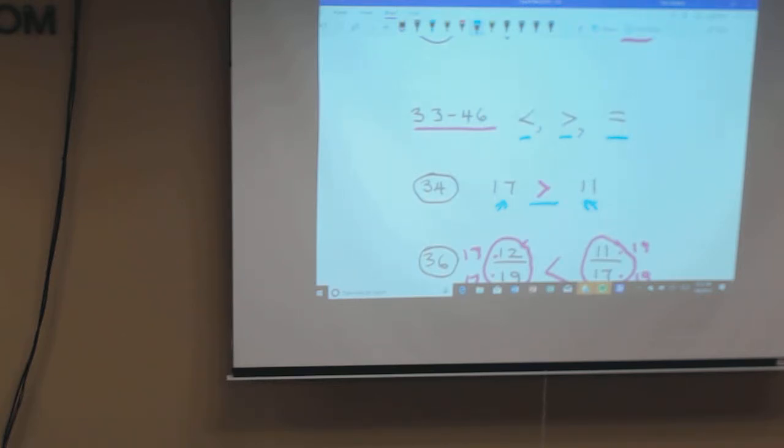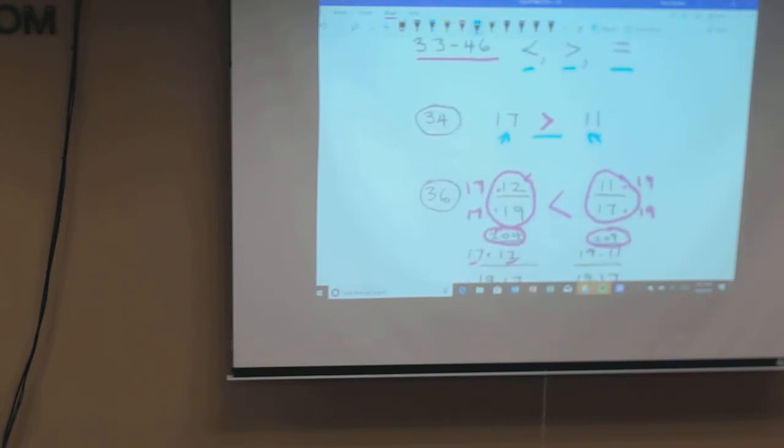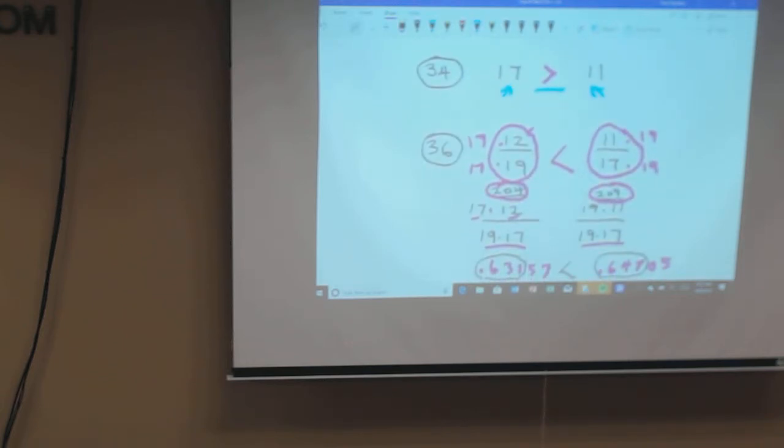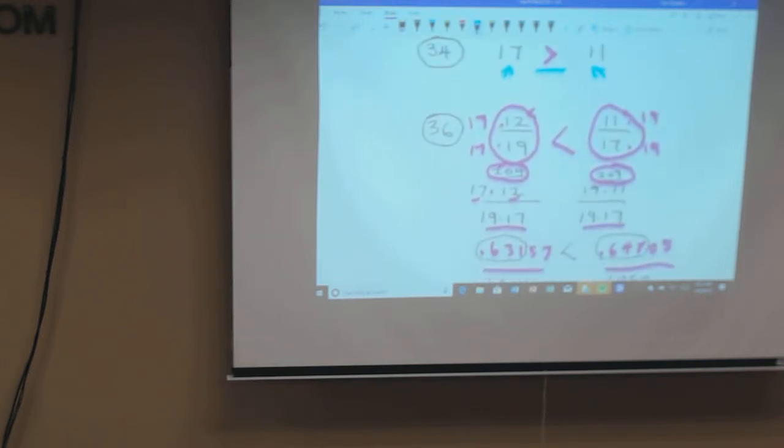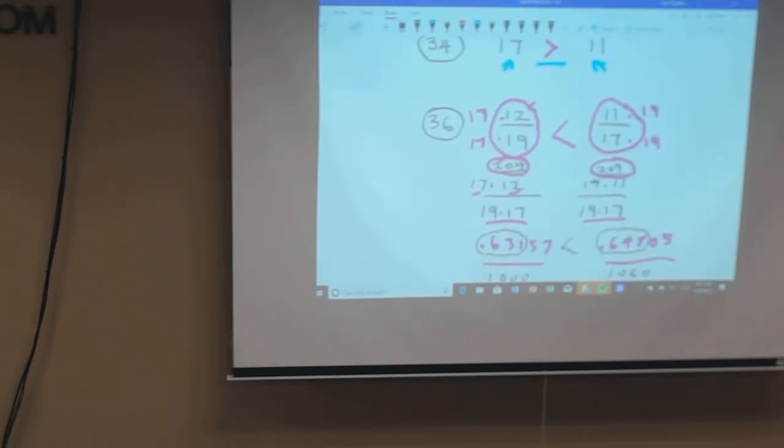So the wide part is always facing the larger number. That's what I heard somebody say on a little video, and I thought, well, whatever works to help you remember what they mean. Or in your notes, just write down, this is less than, this is greater than, this is equal to. You go, I think I'll remember it.